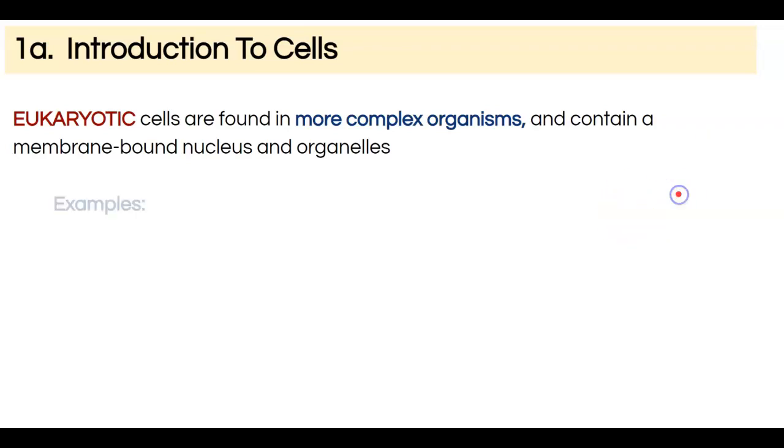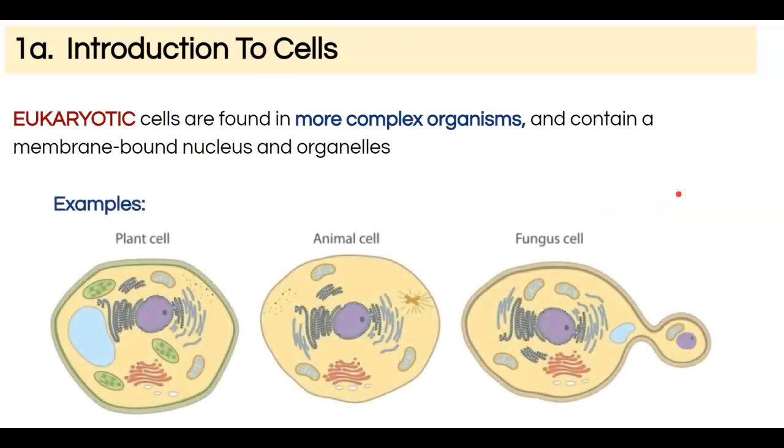So some examples, well, we have plant cells, animal cells, and fungi cells. And so this is a bit of a sneak preview to grade 11 as well, because we're going to be talking about all of these different kingdoms. So take a minute to just look at each of these diagrams and see, well, what is the same and what is different?